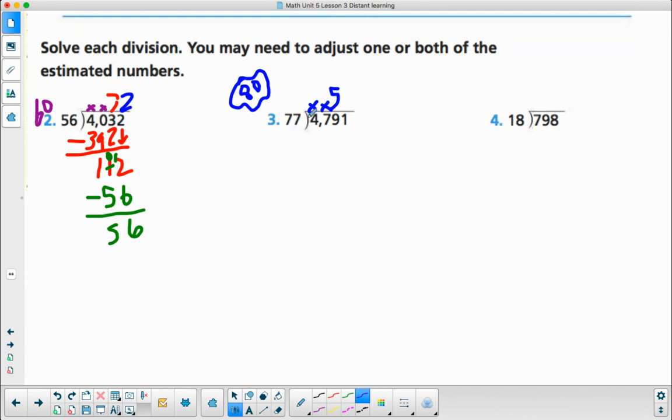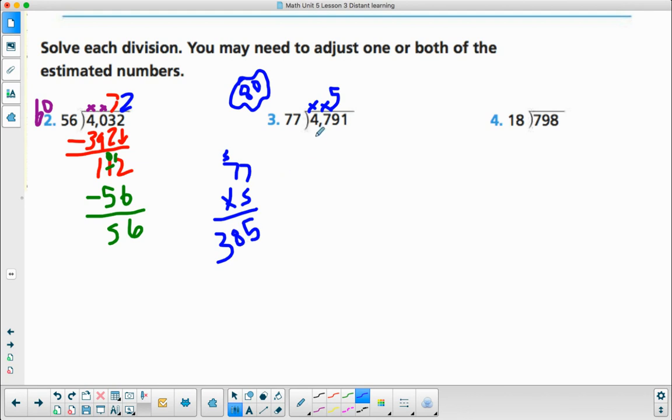5 multiplied by 7. I'm going to pull that one on the side and just do it just for fun. 7 times 5. 5 times 7 is 35. 5 times 7 is 35, plus 3 is 38. 385.